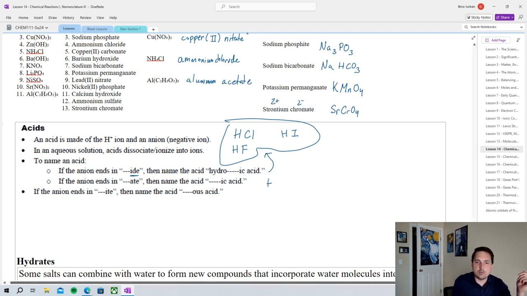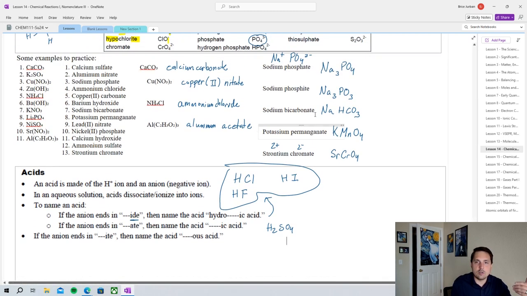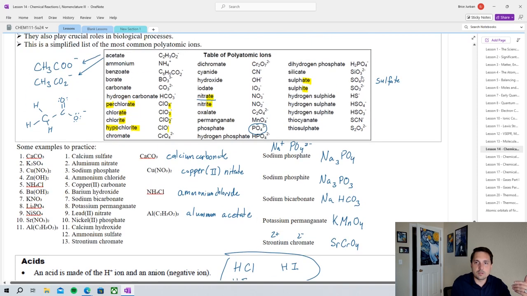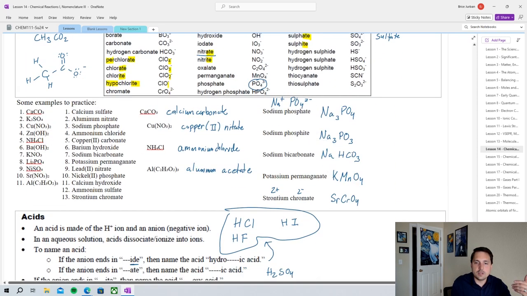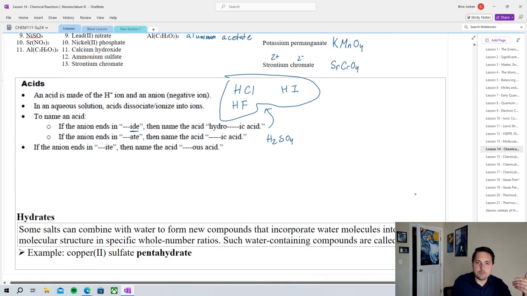So an example of this would be H2SO4. In this case, the polyatomic anion is sulfate, SO4 2-. And so for this one, we'll call this sulfuric acid, not hydrosulfuric acid, but just sulfuric acid.